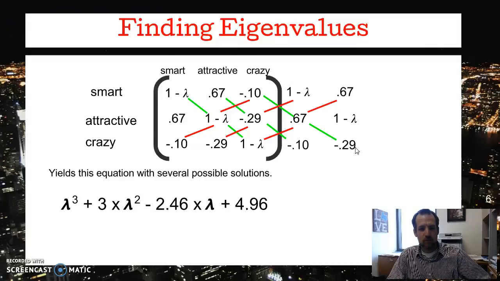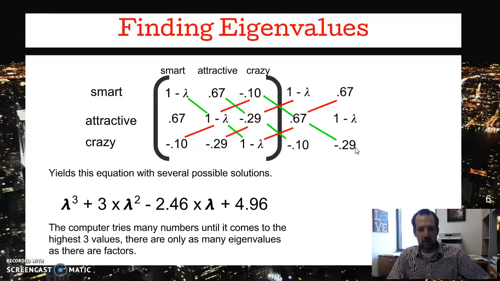But it's not just one variable. There's going to be multiple numbers that could solve the equation. And so that's what the eigenvalues are. So there's going to be more than one, and as we have three variables in this principal components analysis, there's going to be 3.